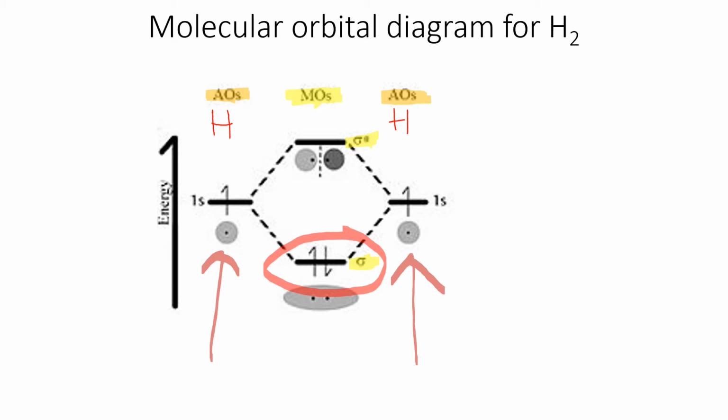There would be no electrons in the sigma star anti-bonding orbital that you see higher up in energy. So this is what the molecular orbital diagram for H2 would look like. It shows that yes, we would have a bond, and it would be a sigma bond.